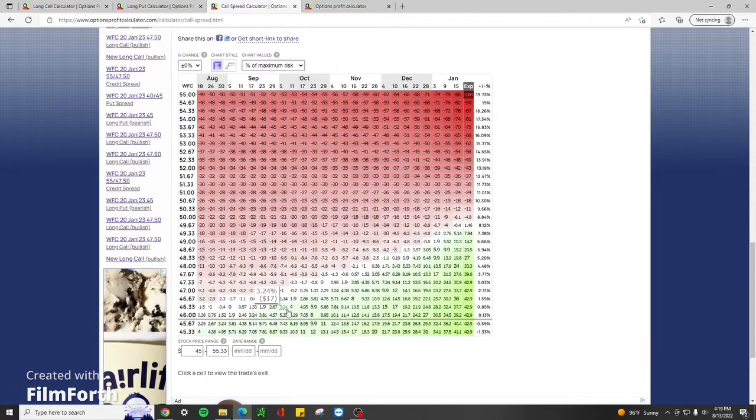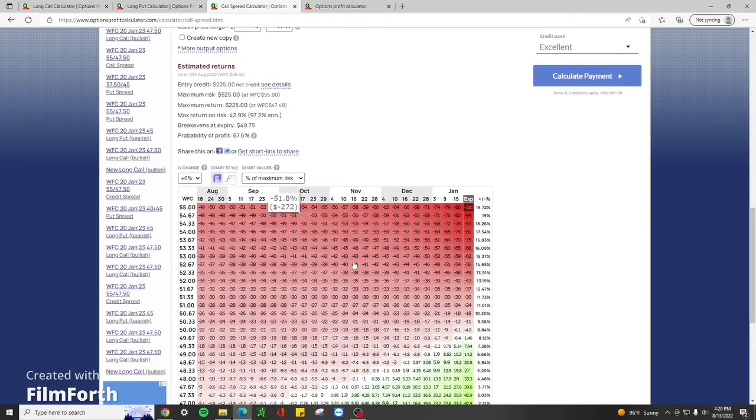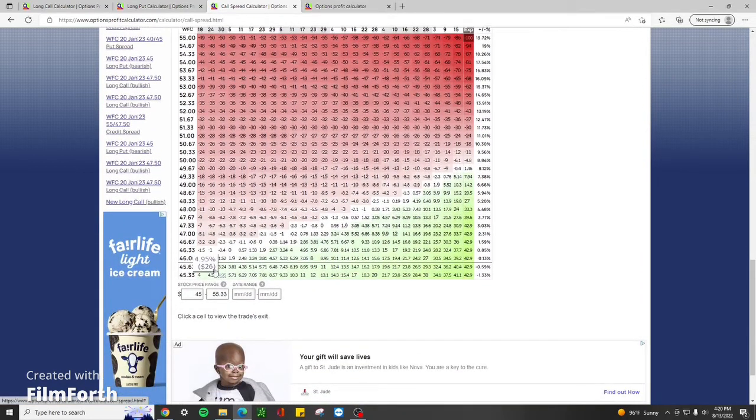And of course, if it goes further on the downside in terms of price action, that is even a little bit more profit. But of course, this strategy comes with a fixed profitability of that net credit that you would get. So this basically just shows you how the profitability would be affected by the time decay.